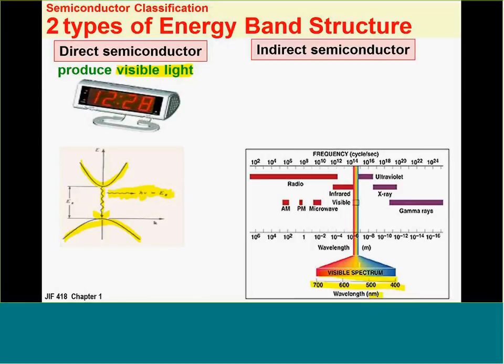Selalunya kita akan pilih lah, kalau kita nak buat LED ni, kita akan pilih the semiconductor that whenever the electron jump from the conduction band to the valence band, the energy that's being released correspond to light yang dekat visible region.